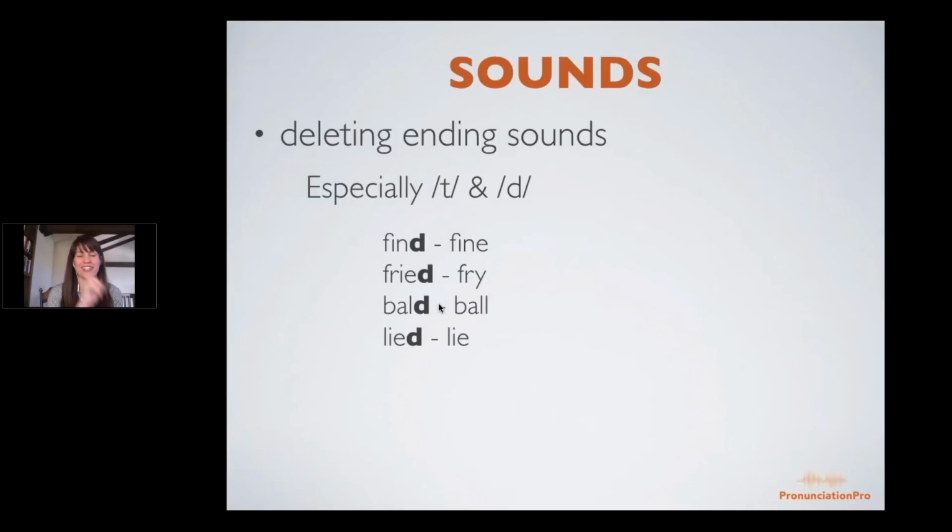But it does affect things, so we have to correct it. Okay. All right, so say these words just with the D ending for me. Find, friend, bold, lied. Good. So you're getting that D end, and we've talked about this before, where we're overemphasizing when we practice it, just to get that connection and get that awareness and make sure our mouth is comfortable with that.